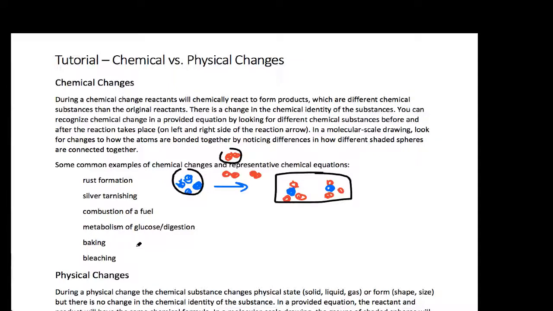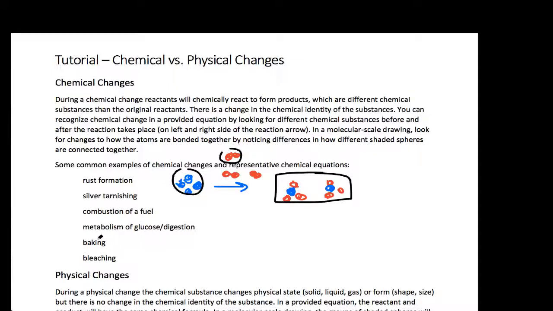Baking, you're taking bread and you have a leavening agent, let's say yeast, and the bread rises, and that's because something's changing. You're making carbon dioxide usually. So baking, a lot of these are due to energy exchanges too.